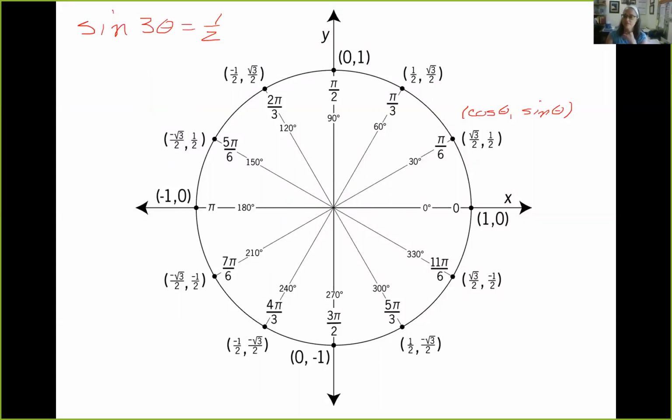Well, I'm still looking for angles whose sine is 1/2. So that would be pi over 6 radians and 5 pi over 6 radians. What that means then is that 3 theta equals pi over 6, or 3 theta, let me put that down in the row.